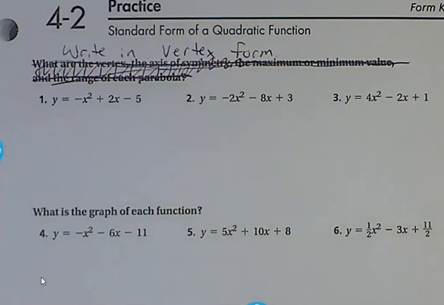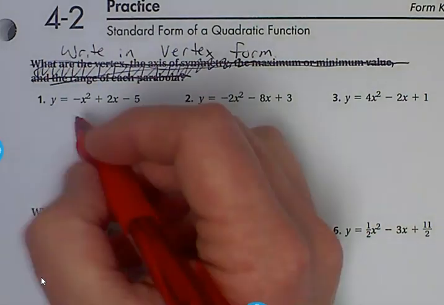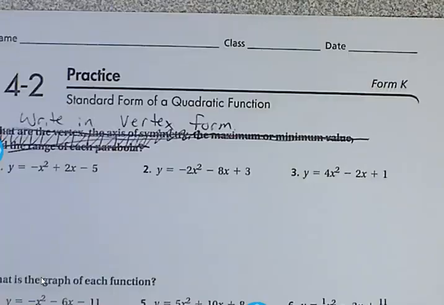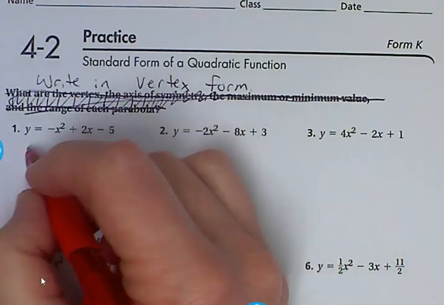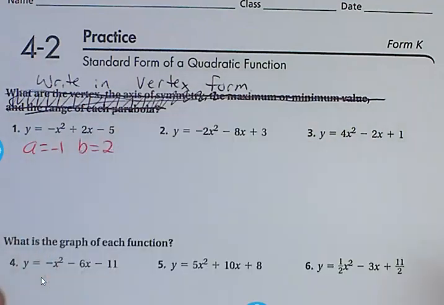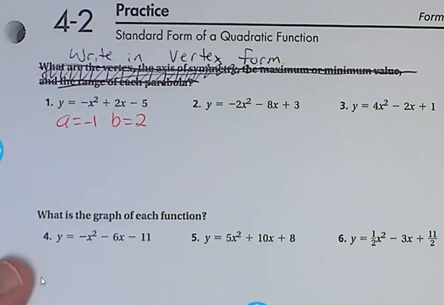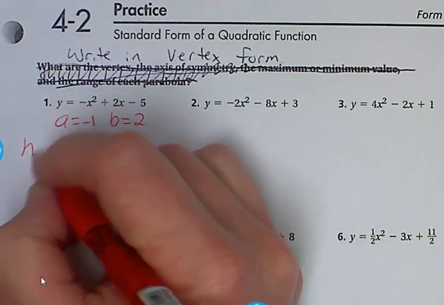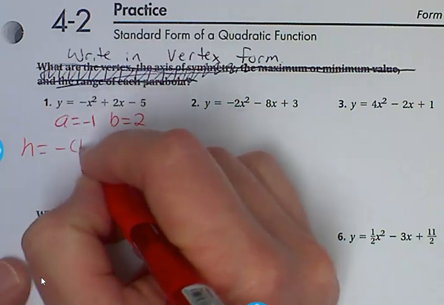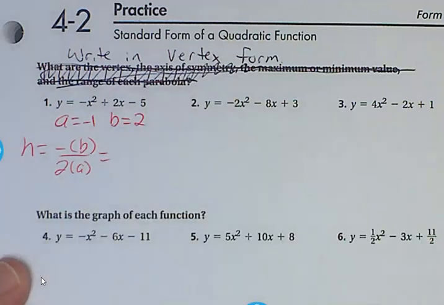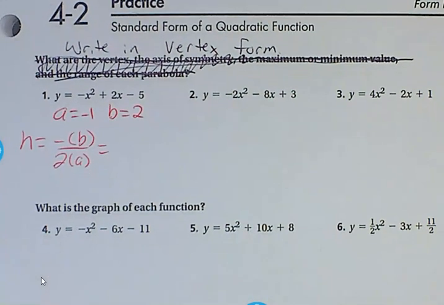Okay, so for number one, if we're doing the negative b over 2a, we don't even need the c value. All we need to know in this case is that the a value is -1 and the b value is 2. Again, the only math we really have to worry about is the negative b over 2a.